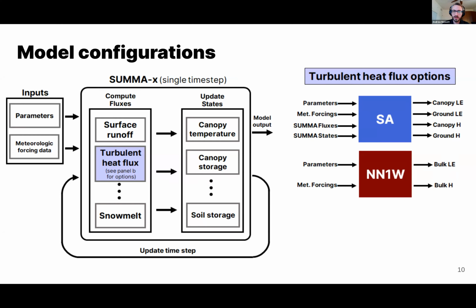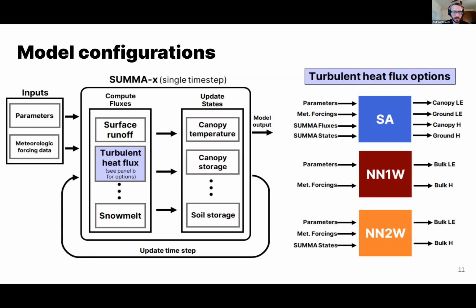And that's just because that's what's observed, so we have to simplify our representation for this case. And then those outputted heat fluxes are going to be used to update the model states in SUMMA, and that runs forward in time. And so you can probably see we've got a one-way coupling where the neural network can talk to SUMMA, but SUMMA can't talk to the neural network.